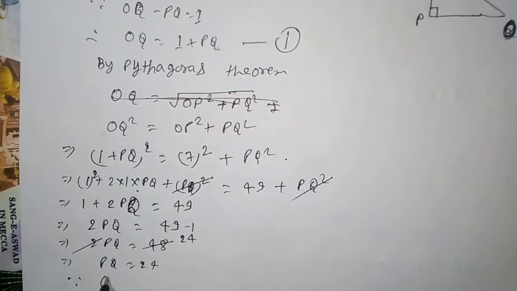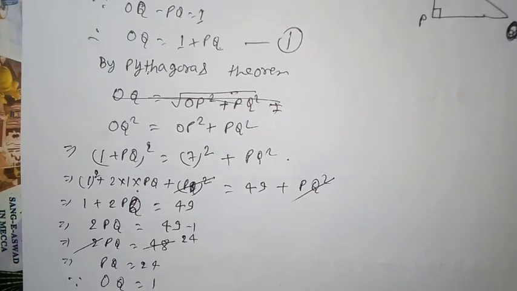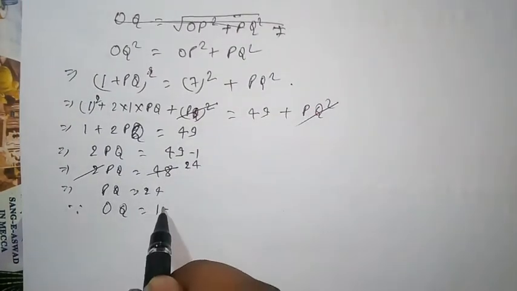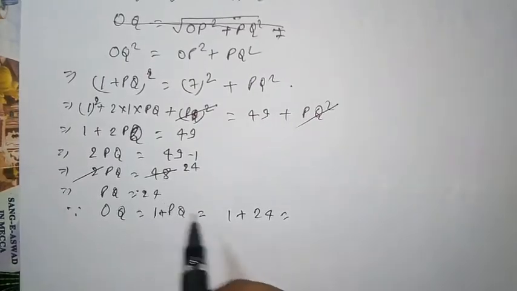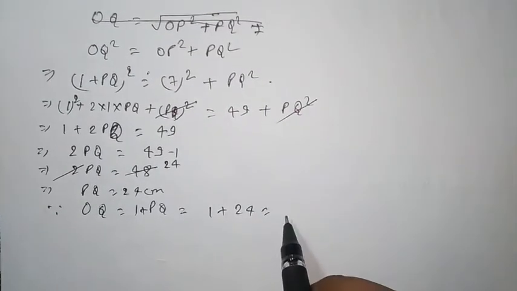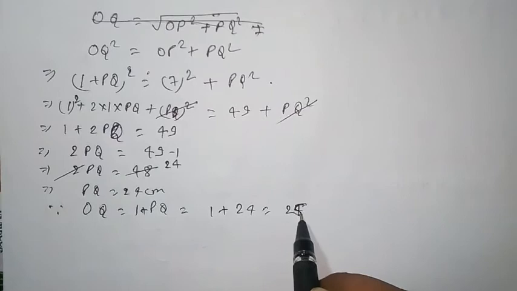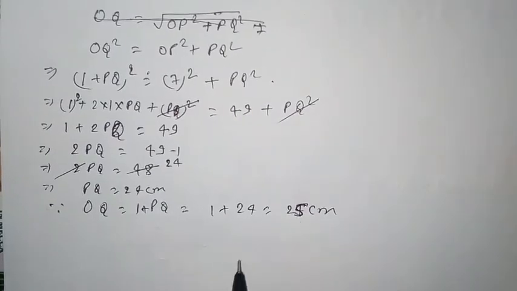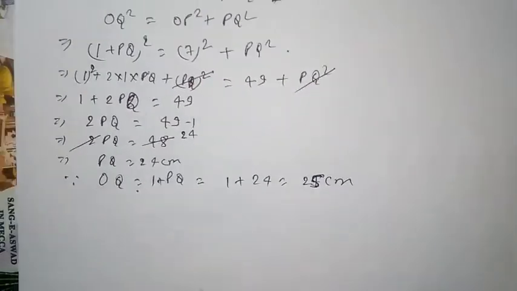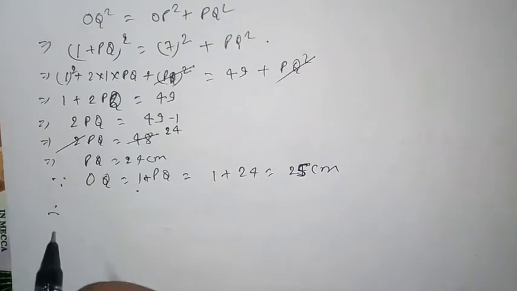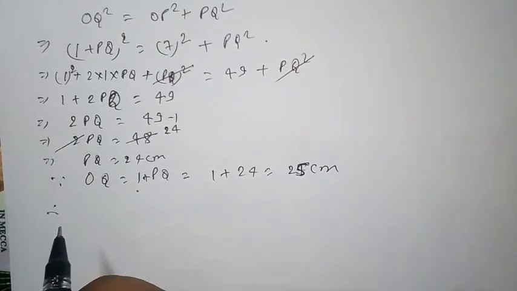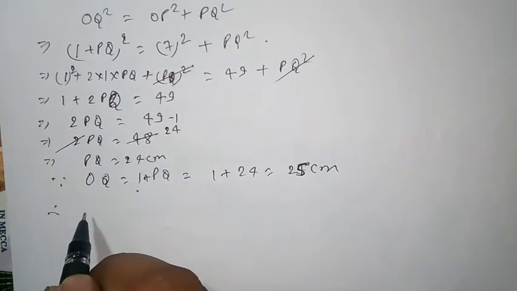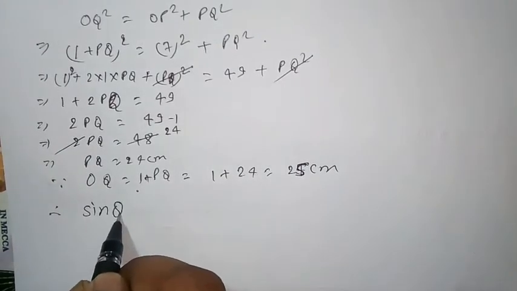Because OQ is equal to 1 plus PQ, it implies 1 plus 24 centimeter is equal to 25 centimeter. Okay. Now, therefore sin Q is equal to perpendicular by hypotenuse.